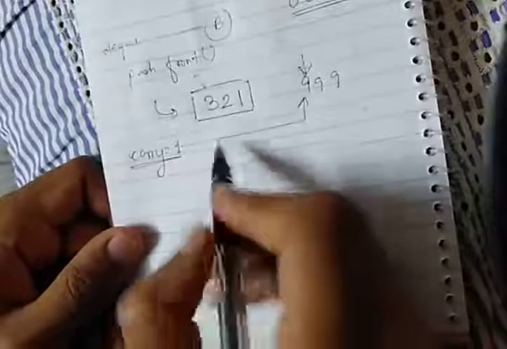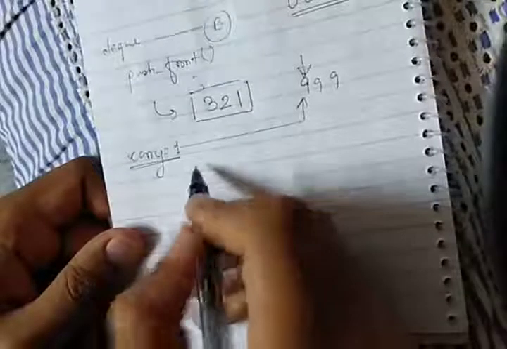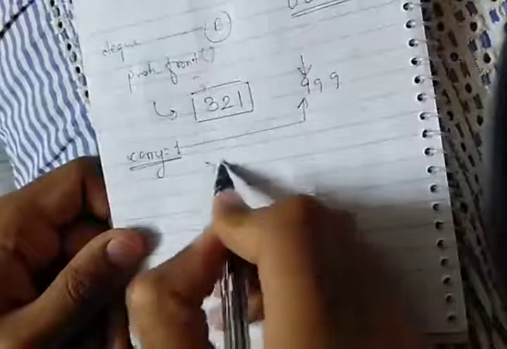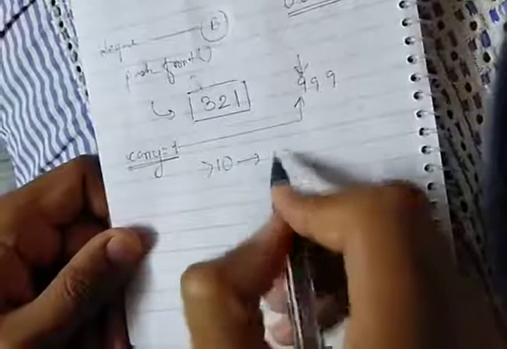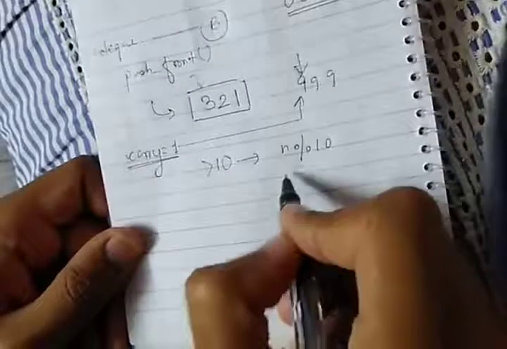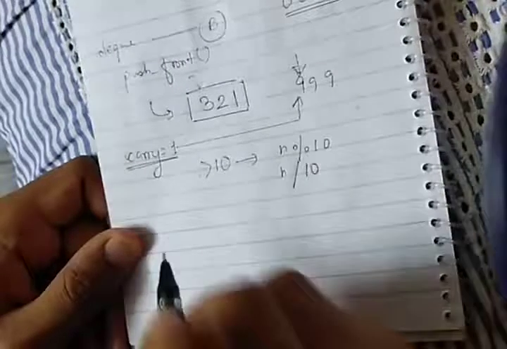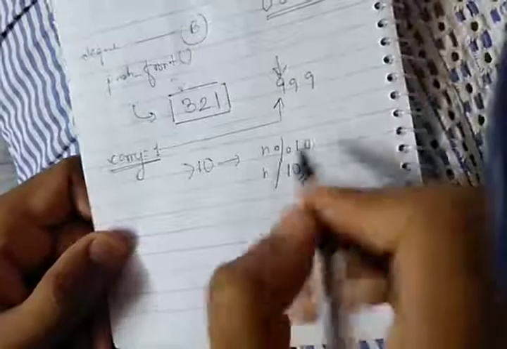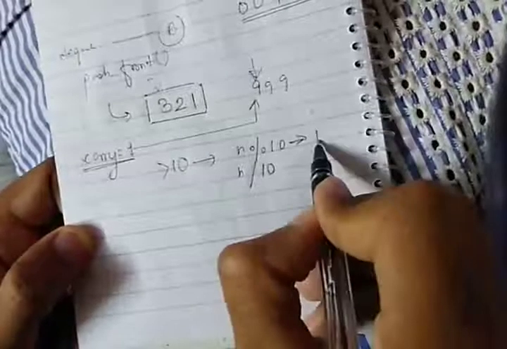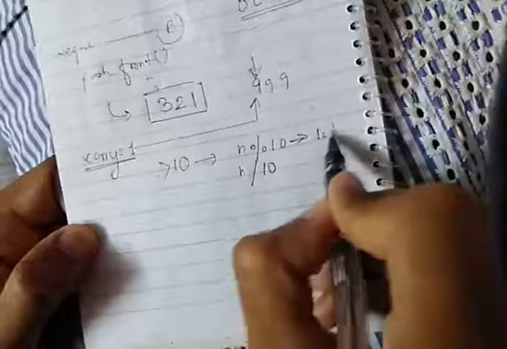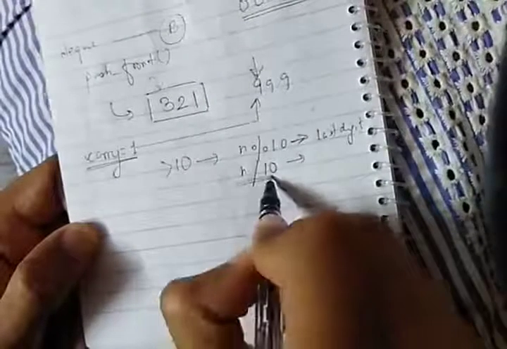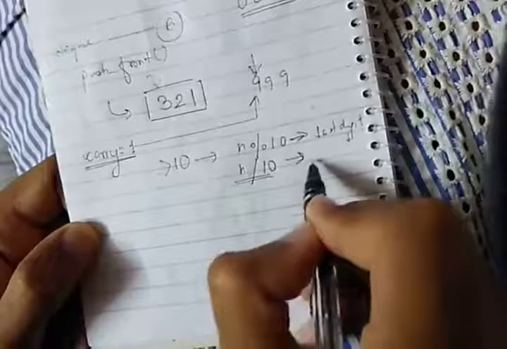So we'll write one if condition: if the addition of the carry to any number is greater than or equal to 10, we'll do two things. We'll take the remainder of that with 10 and the quotient by 10. When we do the modulus, we get the last digit which we are interested in, and by the division we get the carry.